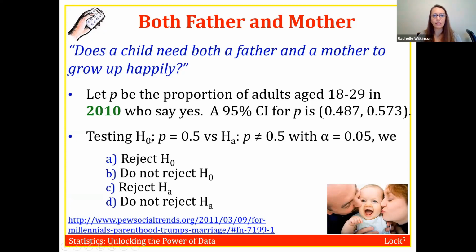So let's say we're testing the null hypothesis P equals 0.5 versus the alternative P not equal to 0.5. Basically, we're looking to see if a majority of adults would say that a child needs both a father and a mother. Based on this interval and these hypotheses, what should be our conclusion?